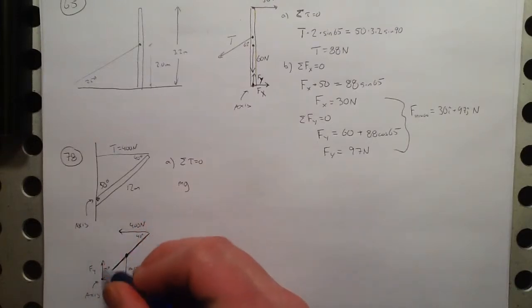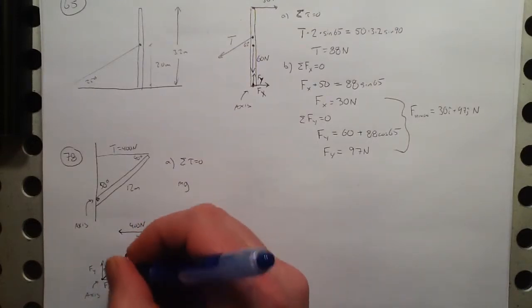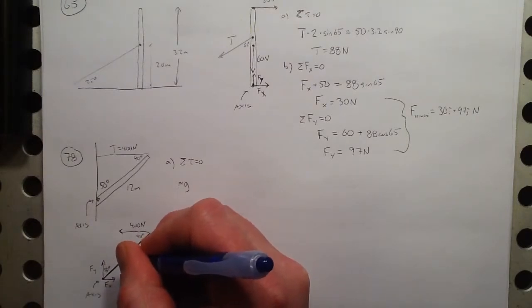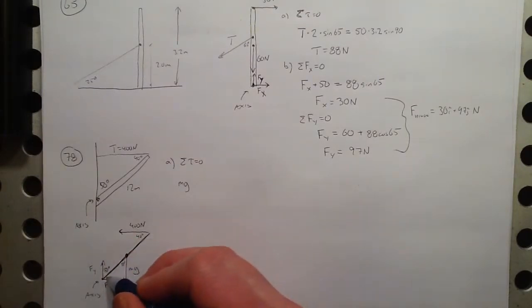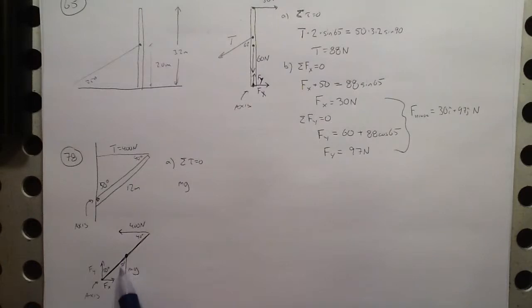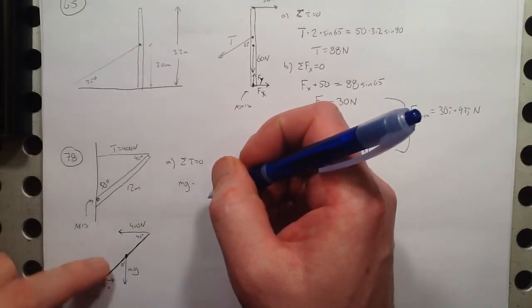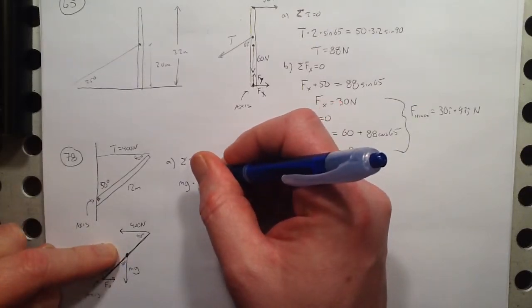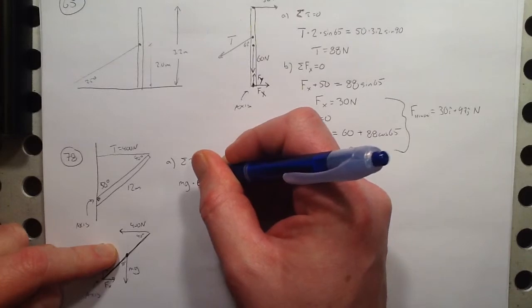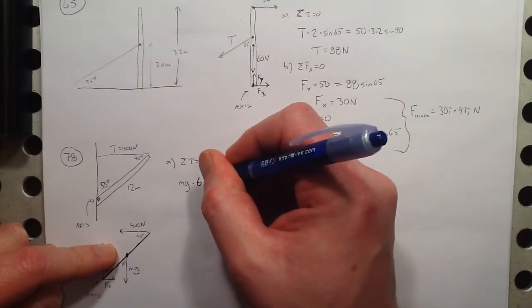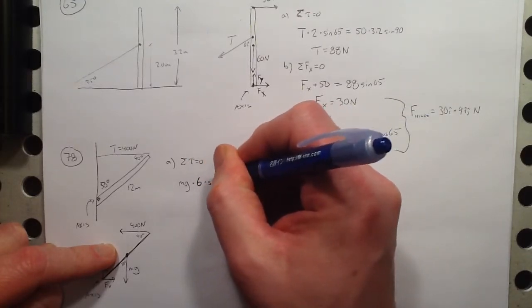If that's 50 degrees, these are alternate interior angles, so that's also 50. Also, you could say if that's 40, then that's 40, so that's got to be 50, but one way or another, that's a 50-degree angle there. So mg times the radius that it's acting at, halfway, that'd be 6, times the sine of 50 degrees.